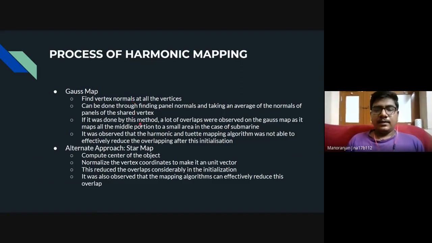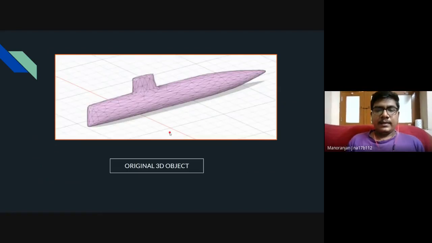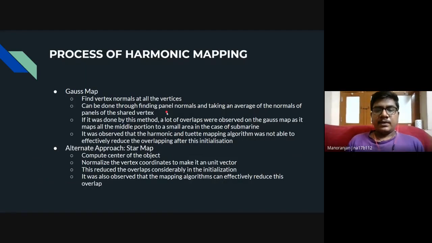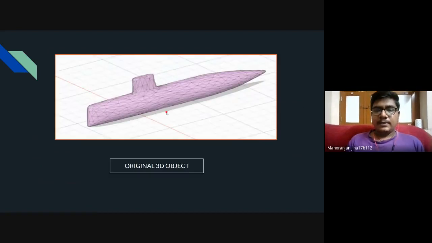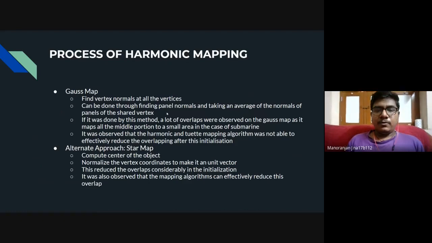But what was observed was there were a lot of overlaps of the panels when this Gauss map was computed. It was actually expected, but the overlap should be removed by our harmonic and Tewart mapping algorithm after that Gauss map.